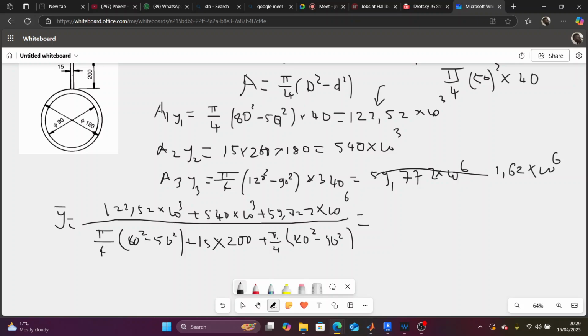Pi over 4 times (80 square minus 50 square) times 40, plus 15 times 200 times 180, plus pi over 4 times (120 square minus 90 square) times 340.